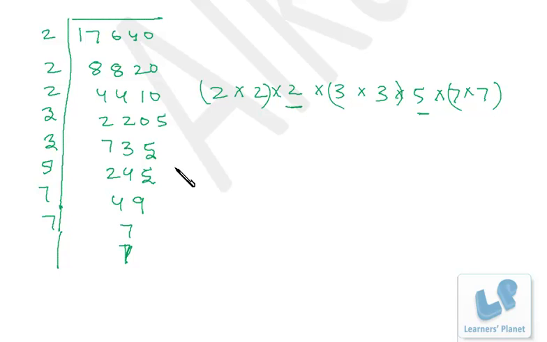So the next question arises, if you wish to make this number a perfect square, what you can do? Either you divide it by 10. So if you divide the entire number by 10, then all numbers will be converted into groups of 2, 2.